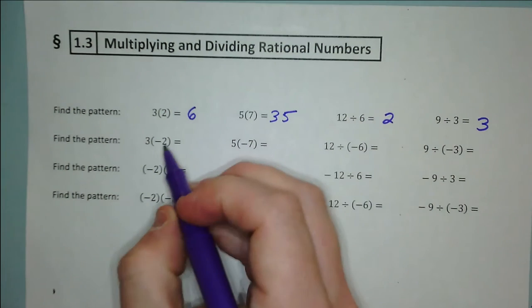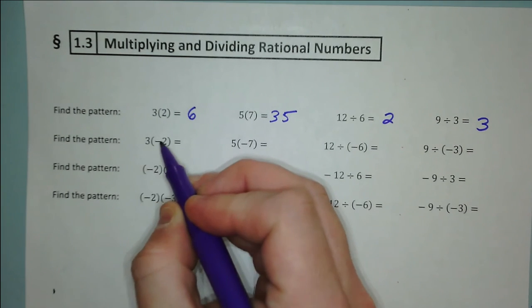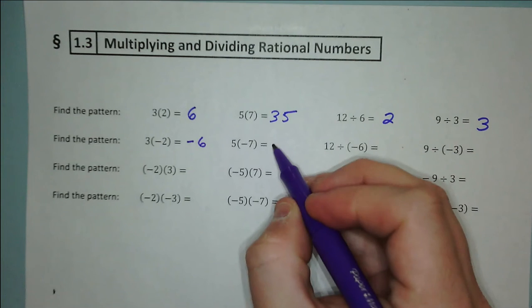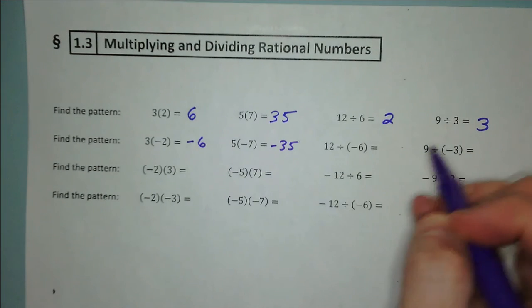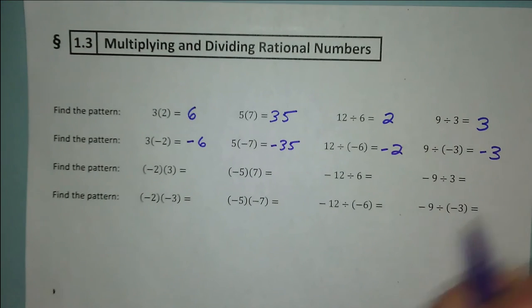But anyway, a positive 3 times a negative 2 is going to be negative 6. Just like that, this is going to be negative 35, this is going to be negative 2, and that's going to be negative 3.